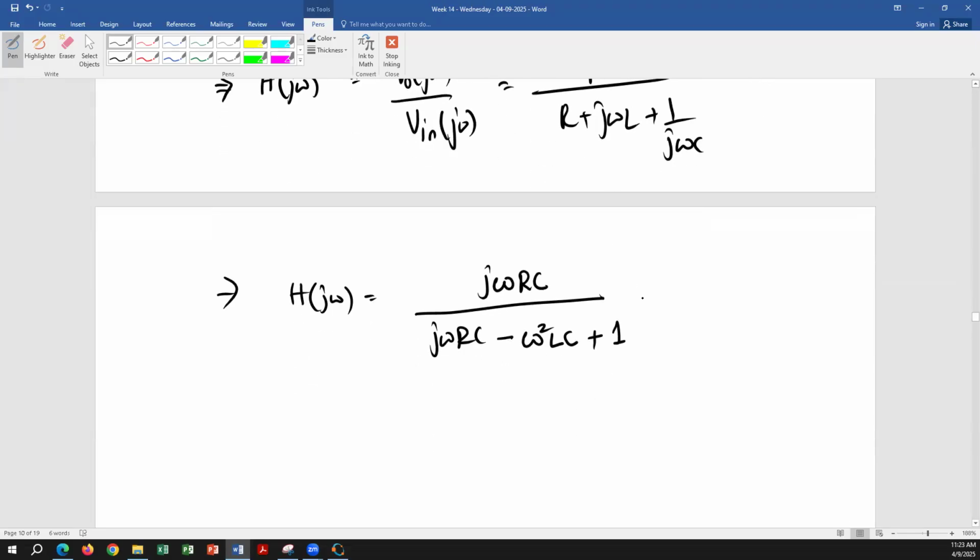In terms of real and imaginary components, I'm going to write it down. Numerator j omega RC, and then the real part first, which will be 1 minus omega square LC, and then the imaginary part plus j omega RC.